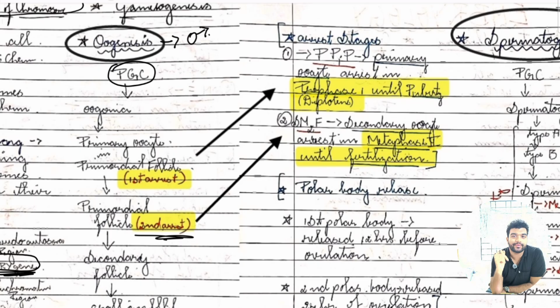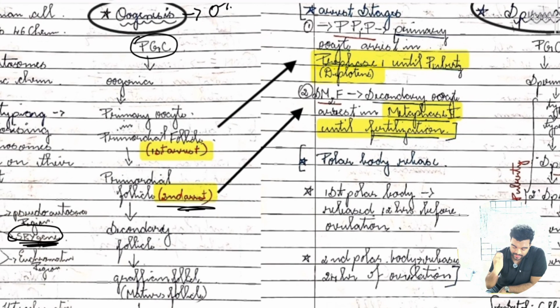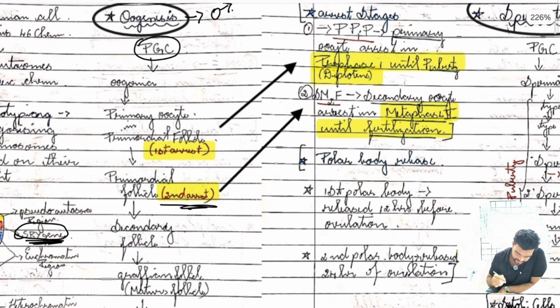Meiosis is 2n to n, whereas mitosis is 2n to 2n. Here it is the division of 46 chromosomes into 23 of the mother, and in the father it is again 46 to 23, because during fertilization these two will combine and form the 46 chromosomes. So that is why it is meiosis in gametogenesis.